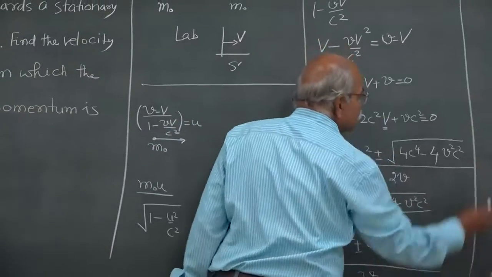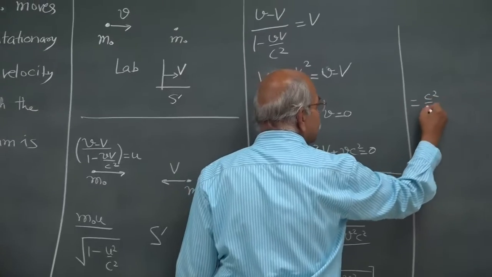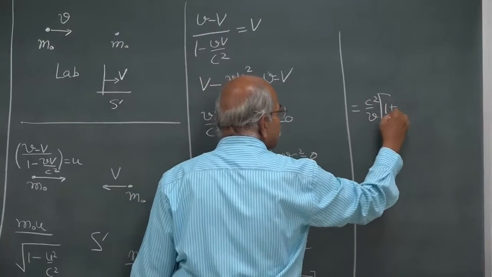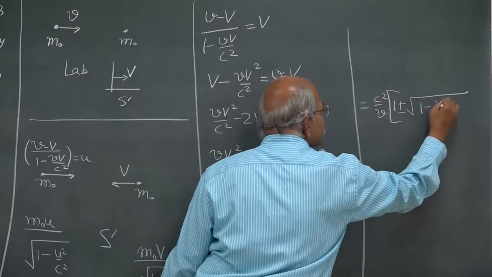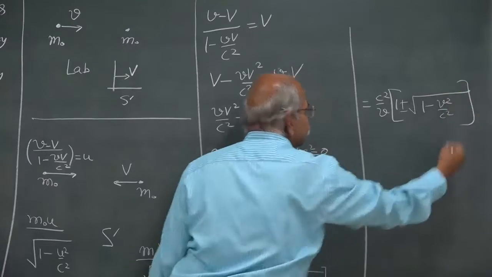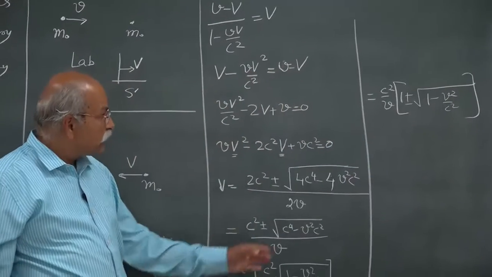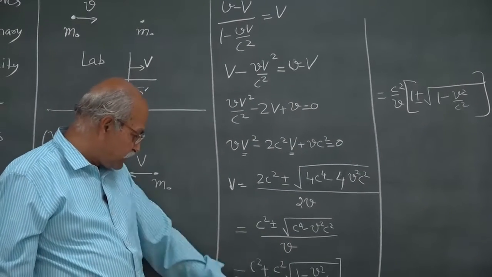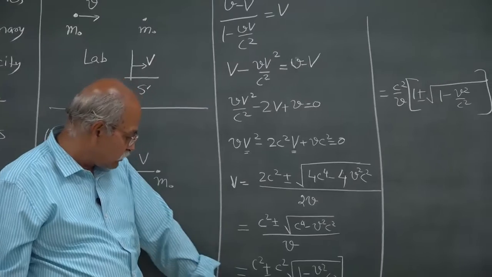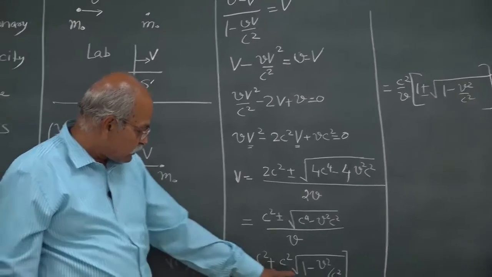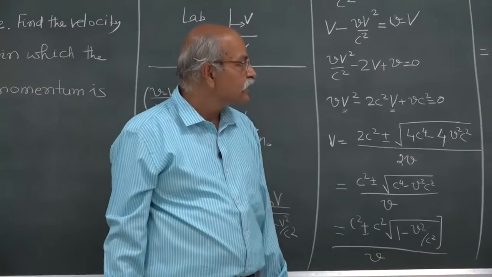So, this is equal to c square by v and then 1 plus minus square root of 1 minus v square by c square. C square taken common, v is in the denominator.